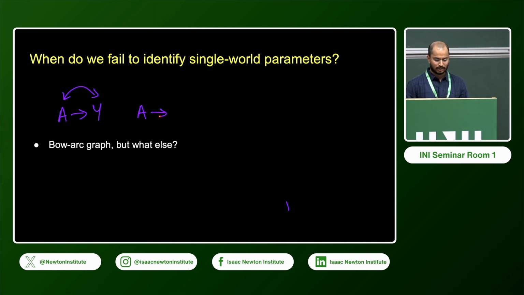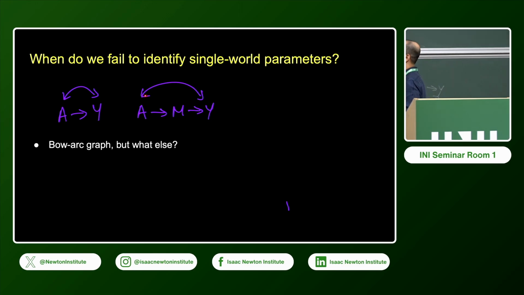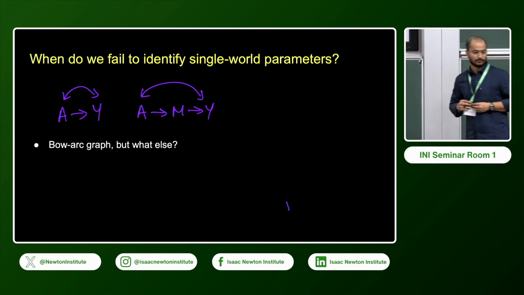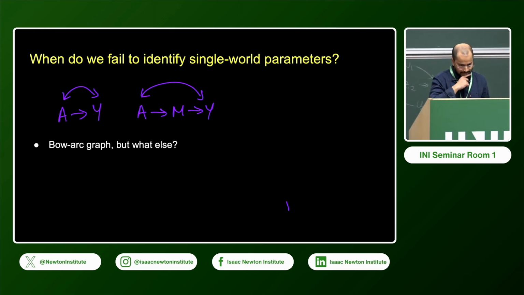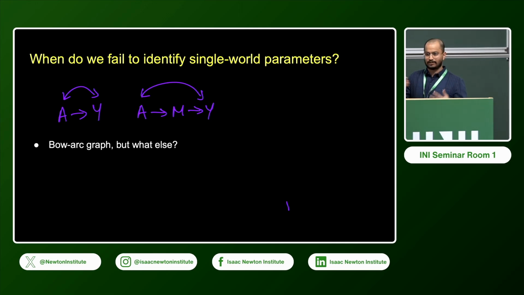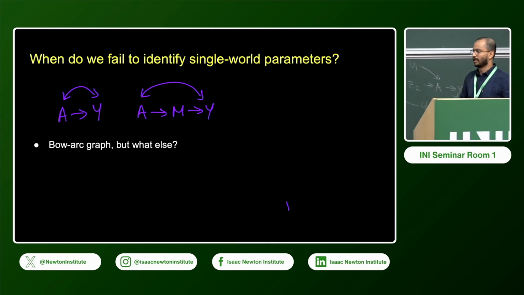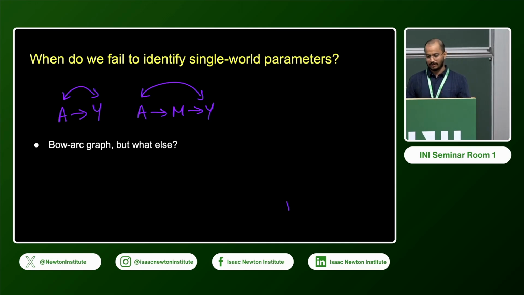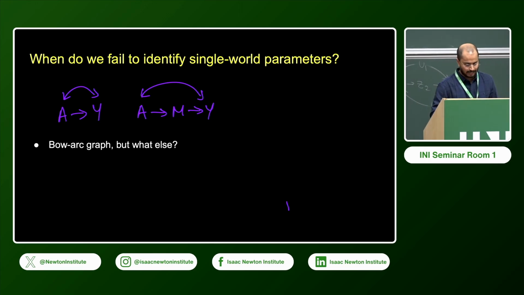We also now know that if I have A to M to Y and A bidirected Y, that I'm actually okay because the front door model is identified. But the interesting question is, are there other things that prevent identification? There's a criterion that I specifically really like because of its simplicity. So there's a whole range of things that you could consider.